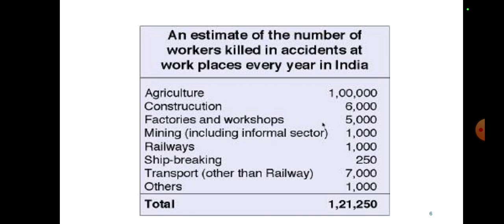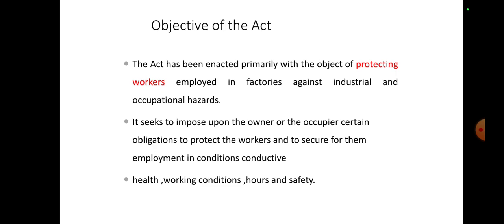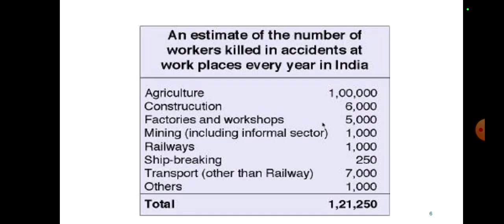Why we are talking about this is that is where the Factories Act plays an important role: to avoid such kind of accidents. Accidents in the workplace are not a small thing. That issue has to be resolved.